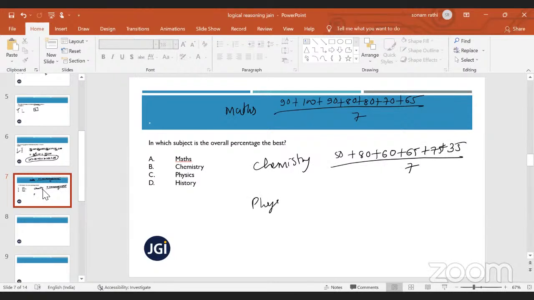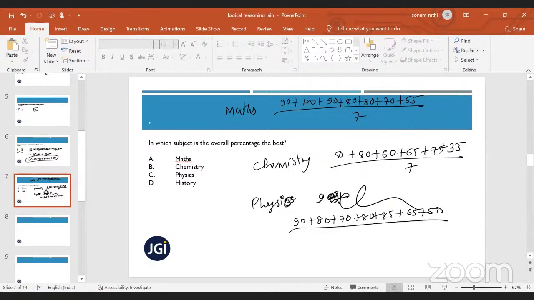What will be the physics total? 90 plus 80 plus 70 plus 80 plus 85 plus 65 plus 50 divided by 7.